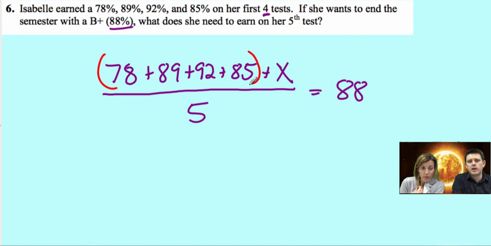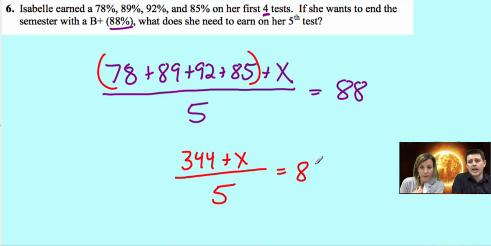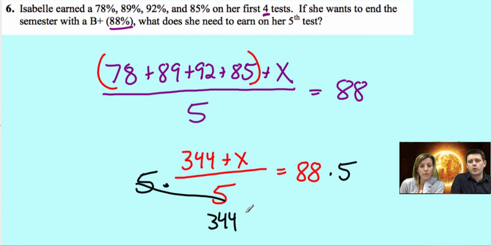Those numbers are 344 plus x, plus some number when I divide it by 5 gives me 88. This is where we start to work backwards like an equation. So we're going to undo the division with multiplication. So we're going to multiply times 5. So I'm left with 344 plus x is equal to 440.